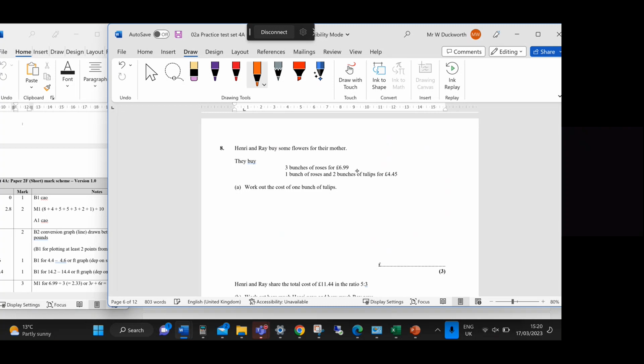Okay, so I'm going to introduce a bit of algebra here. So I'm going to say that 3 roses, or 3R, is equal to £6.99. And I'm also going to say, although I don't really need it right now, 1R plus 2T, 2 tulips, is equal to £4.45. So R is going to be equal to, if I divide that by 3, £2.33.